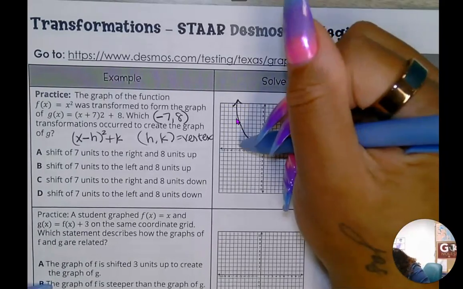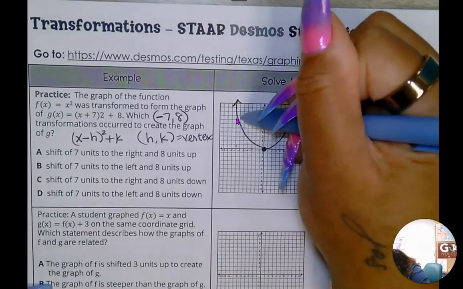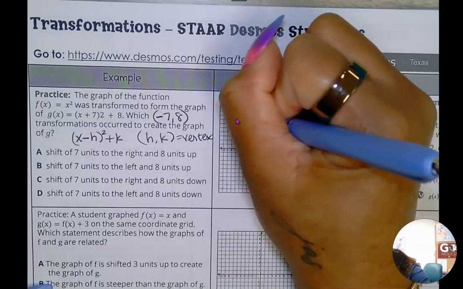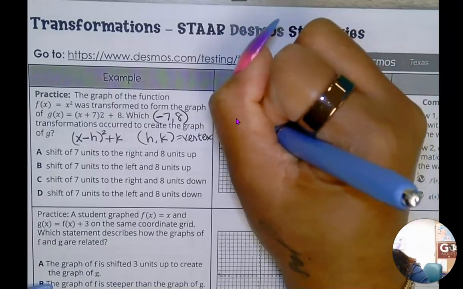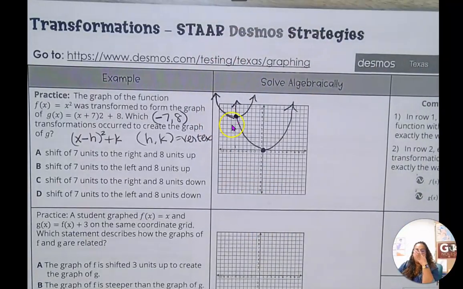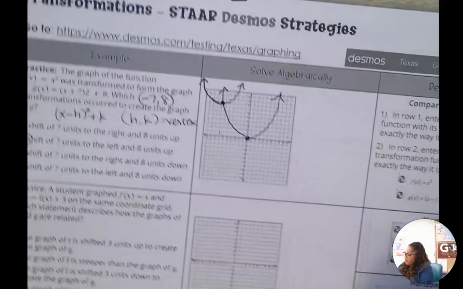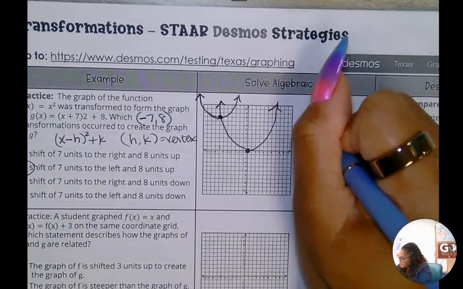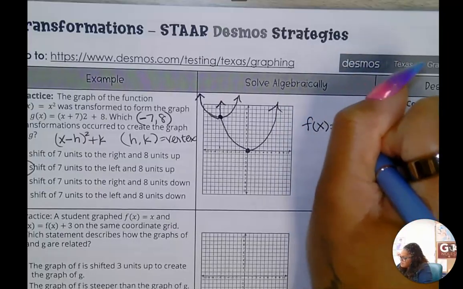So 7 units to the left and 8 units up would be about right here for my new parabola. Okay, so we'll choose 7 units left and 8 units up. And then in DESMOS, we go put this in. Always put the parent function in first. f of x equals x squared.